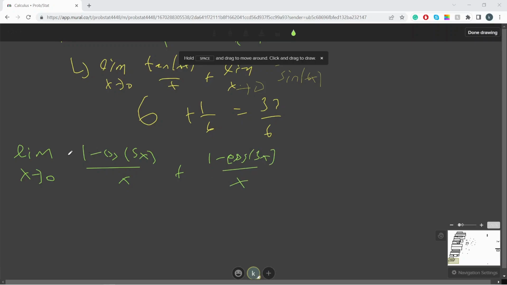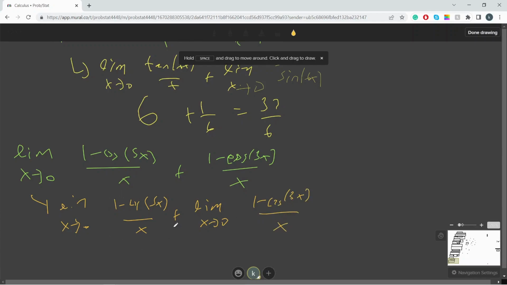Okay, so to solve this limit, we again use the sum rule and break up the limit into its constituent portions. So namely, this will be equal to the limit as x approaches 0 of 1 minus cosine of 5x over x plus the limit as x approaches 0 of 1 minus cosine of 3x over x.